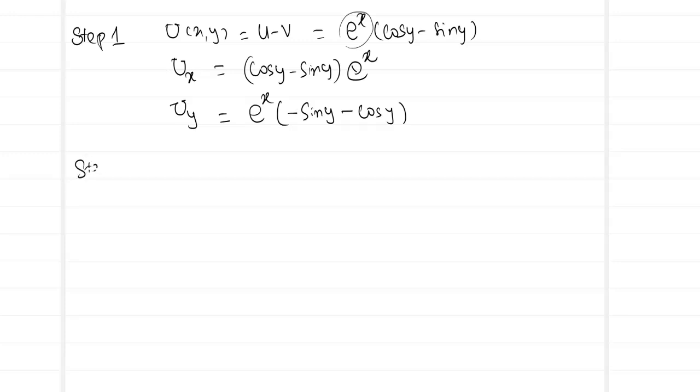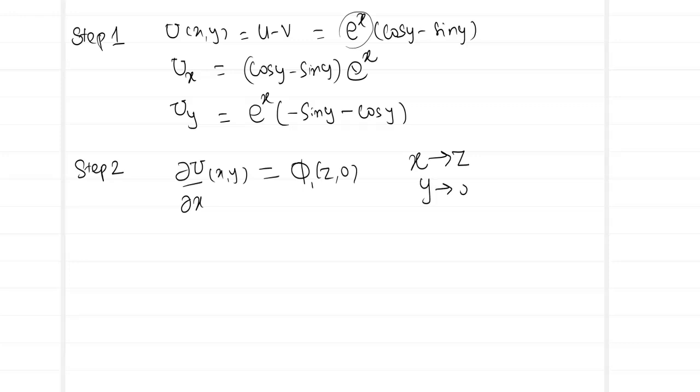What is going to be my step 2 of the Milne Thomson method? I assume my dou u by dou x, which was in terms of x comma y, to be a function phi 1 of z comma 0. That is, wherever I have x in my derivative, I replace it with z, and wherever I have y, I replace it with 0.